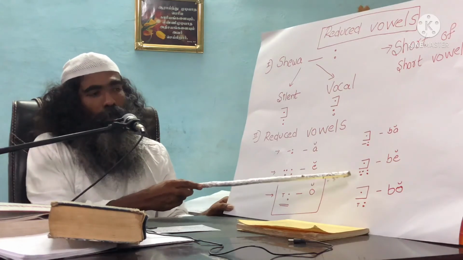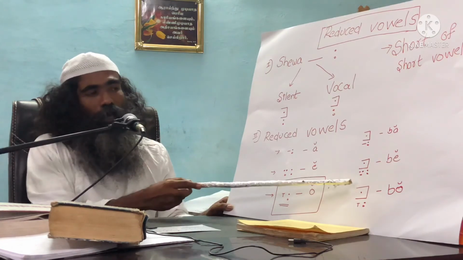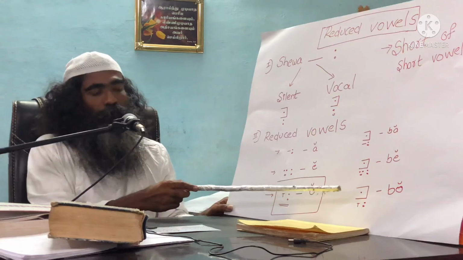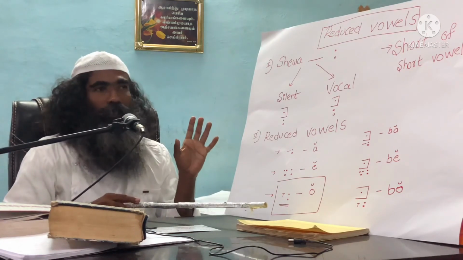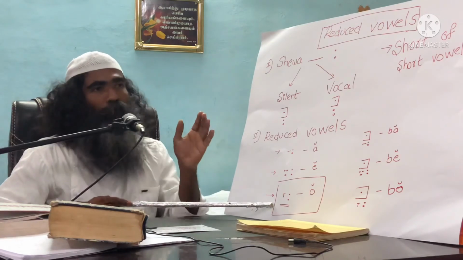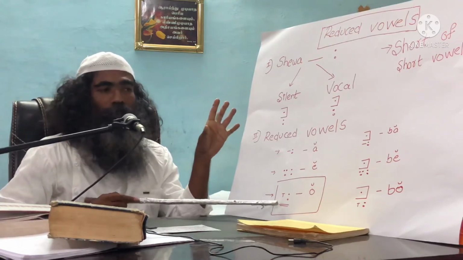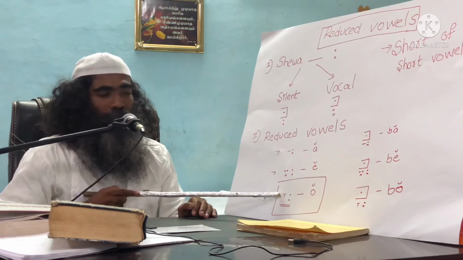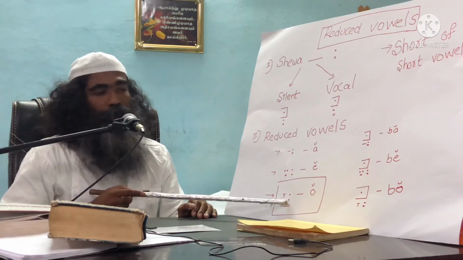B. Silent sheva and the triangular dots are written as be. Here, one important thing which goes away from the ordinary, which you have to memorize, no other way. A T preceded by a sheva.